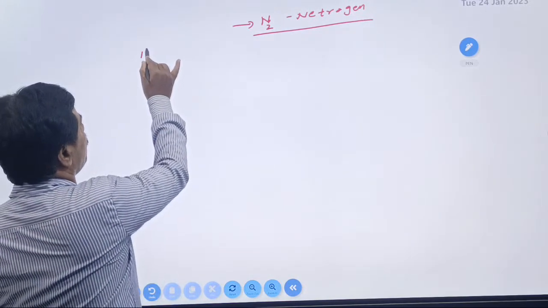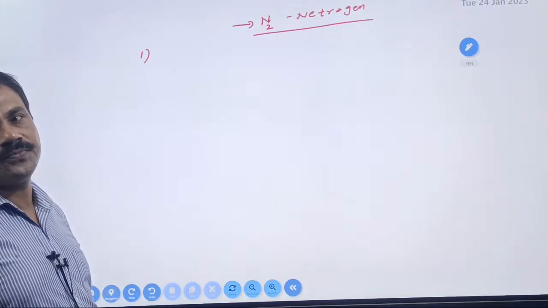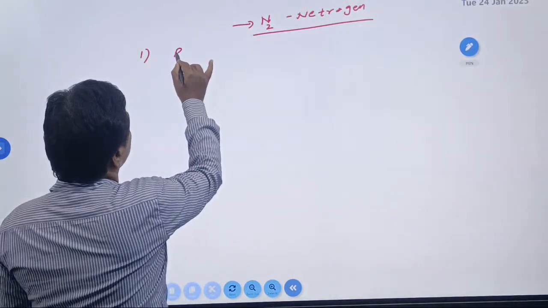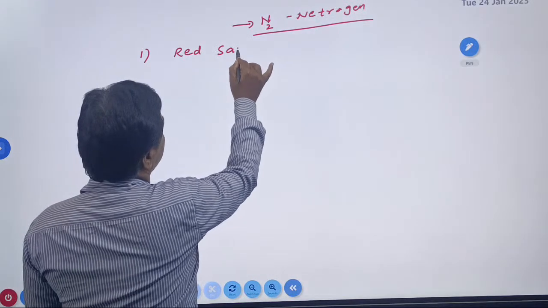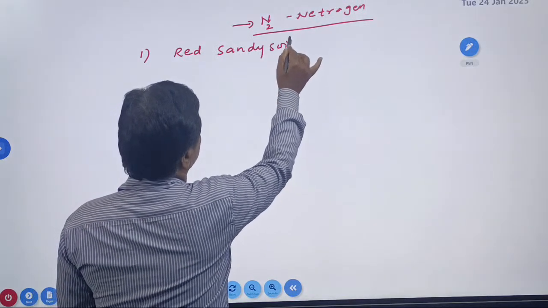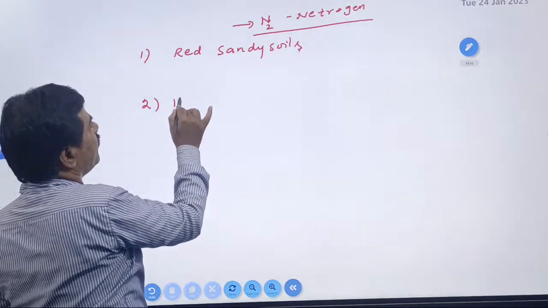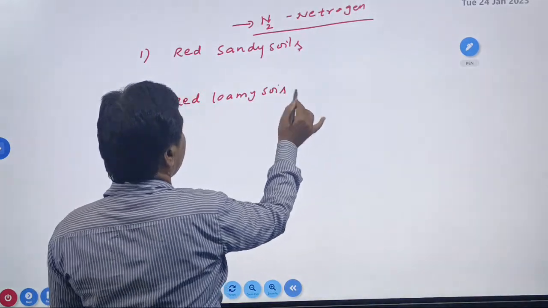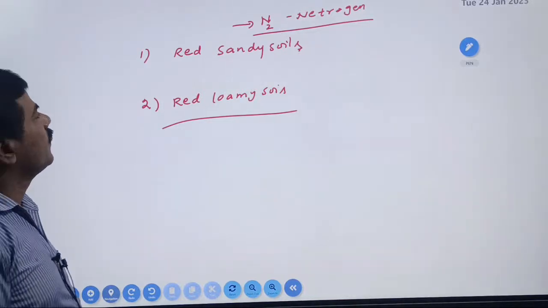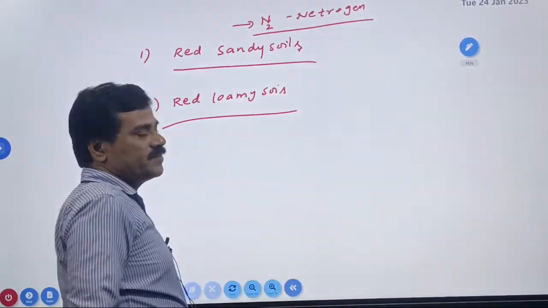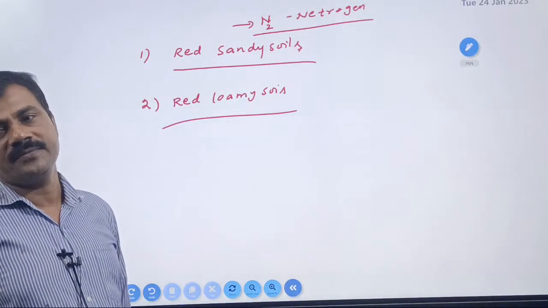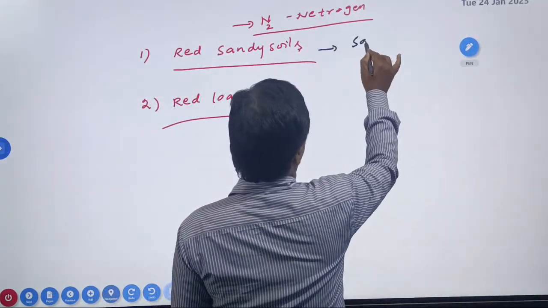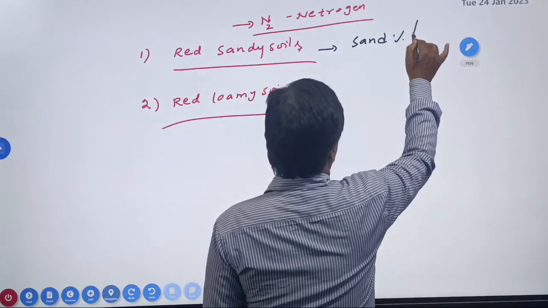This soil again has two groups: red sandy soils and red loamy soils. Red sandy means there is more sand, the sand percentage is high.